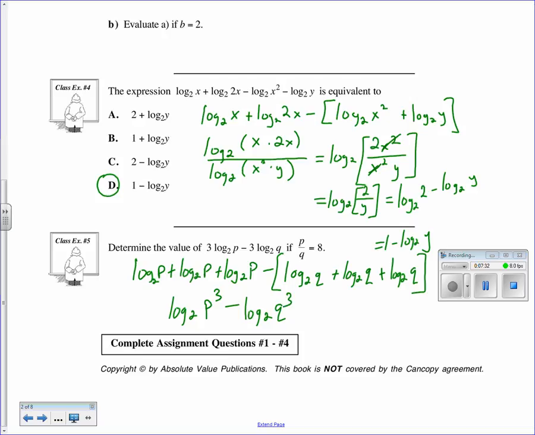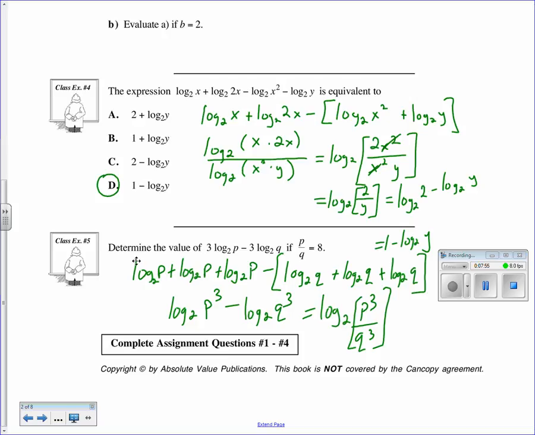Minuses turn into division statements. So log base 2 of p cubed over q cubed. And now I get to evaluate it if p over q is 8. See if you can understand what the next rule might become.